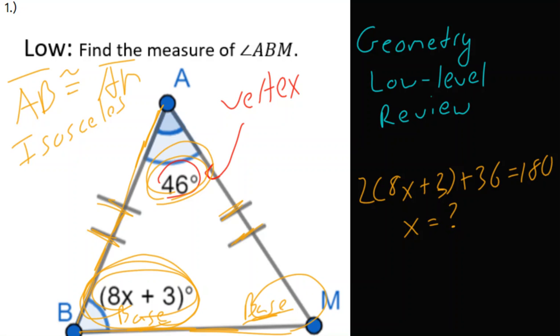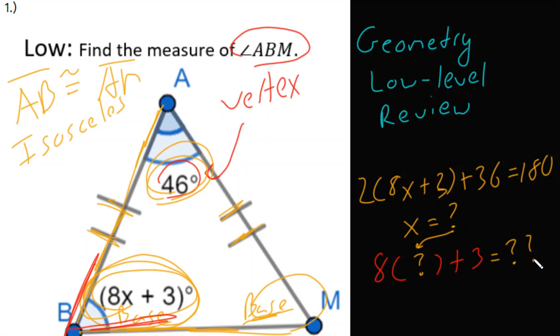You're going to have to do that on your own. The question is once again asking for angle ABM, which was down here, and that was the angle 8x + 3. So whatever you solve for x, you're going to have to plug that in to here and get your final answer. I'll use 2 question marks just to indicate it's a different number than x.